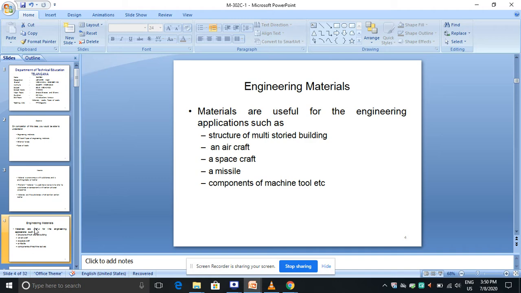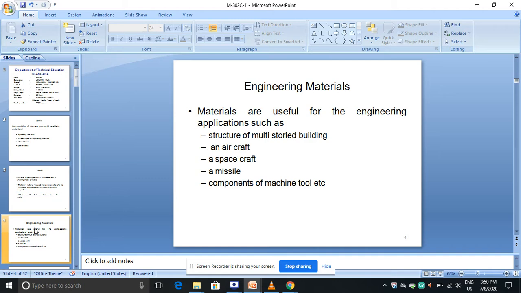Engineering material. Materials used in engineering applications you can call engineering materials. Mostly these materials are used in all engineering applications. You can see here the structure of a multi-story building. It is a composition of so many materials: steel, wood, plastic, glass or anything.